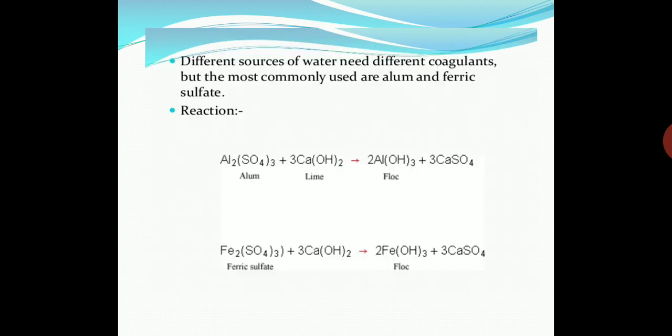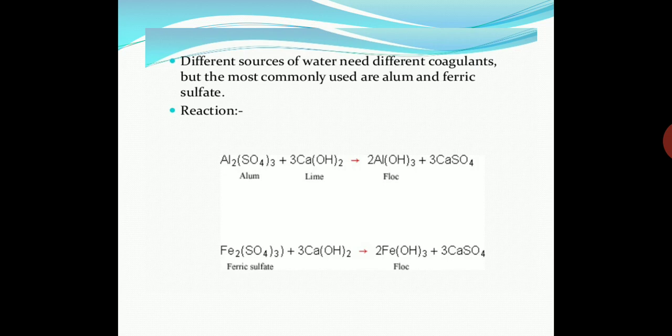The most commonly used coagulants for different sources of water are alum and ferric sulfate. You can see the reactions given there. Alum reacts with lime to form aluminium hydroxide, which is the floc that settles down. CaSO4 is the hardness caused to water, which can be removed later.